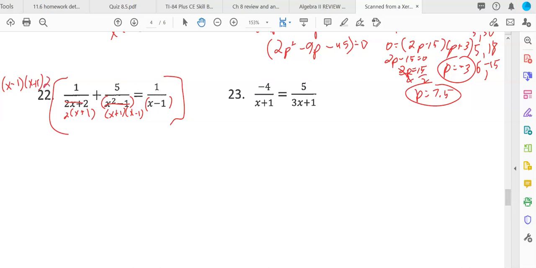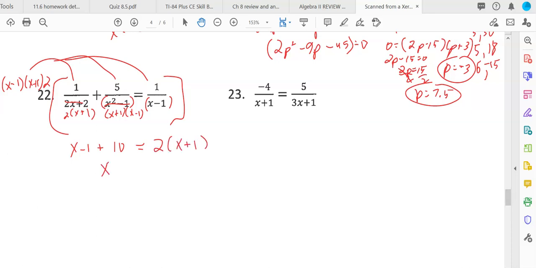I guess I should have put that first probably. I need all those, right? So that's all part of it. So I'm going to multiply by the first one. The 2 and x plus 1 will cancel, so I just get the 1 times x minus 1. And then multiply by the 5 here. The x plus 1, x minus 1 cancels, so 2 times 5 is 10. And the last one, the x minus 1's cancel, so I get 2 times x plus 1.